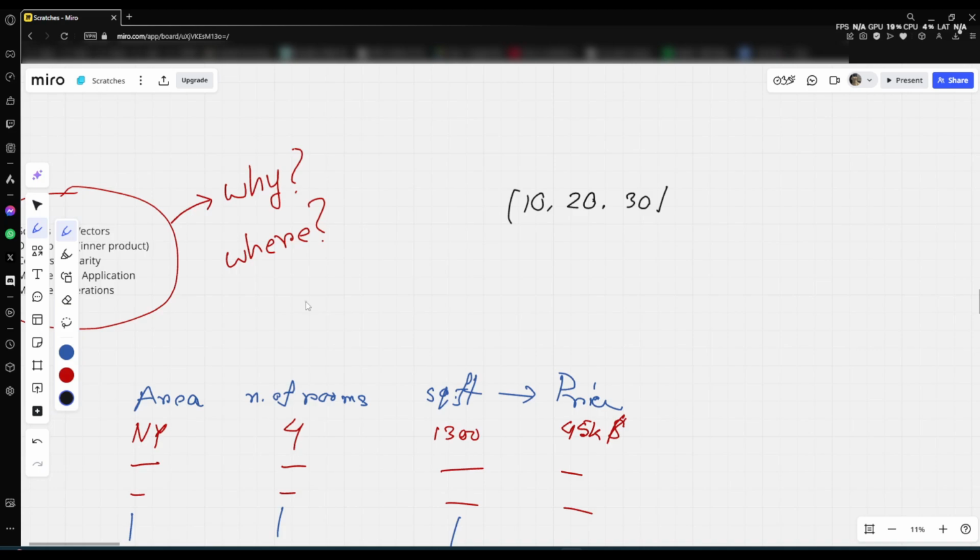Okay, so let me give you an example. A student's IQ, and then we have the number of study hours.